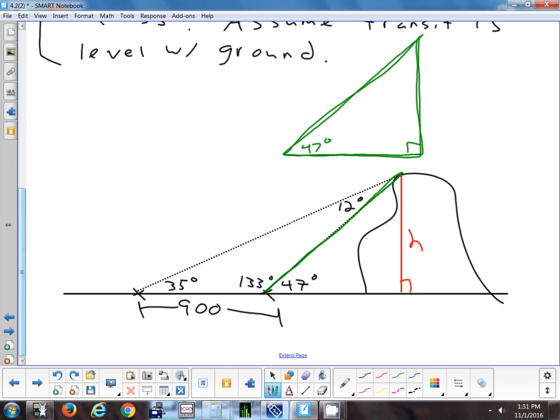So now I'm going to set up my law of sines, and I'm going to try to find that side right there. Because if I can figure out what x is in this dotted triangle, then I can figure out what h is in that other triangle. But I have to find x first.